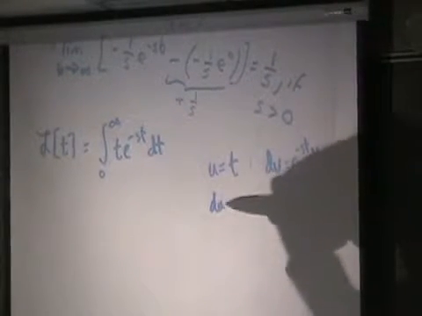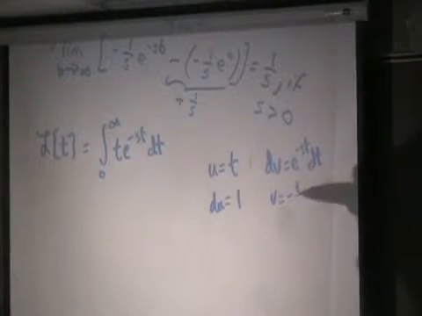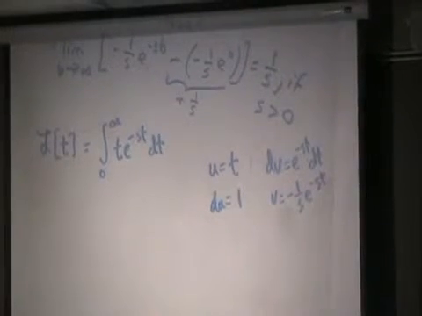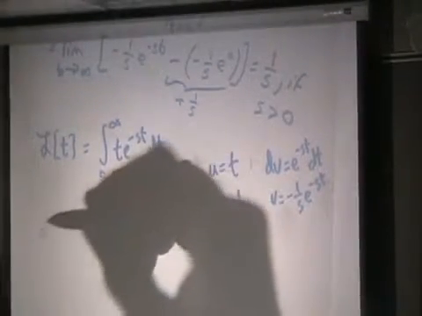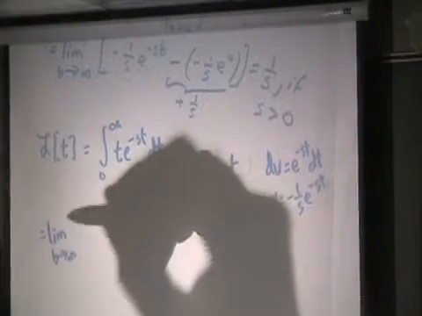This integration by parts is something you need to practice to remember how to do, and there's what we would get. And it's still an improper integral, so technically speaking, it's a limit as the upper limit of integration goes to infinity.